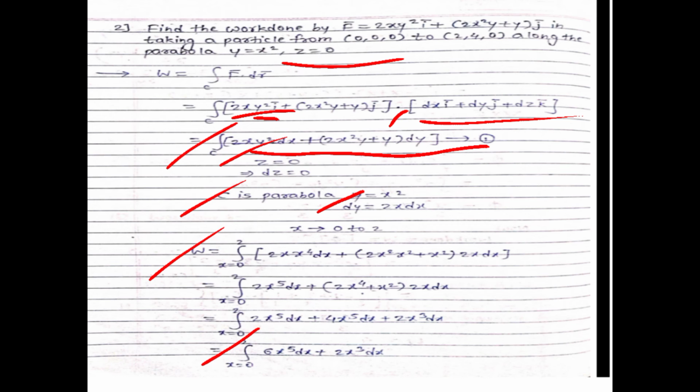You can also convert this in terms of y, but you can't take the limit in terms of z. Why are we taking x varies from 0 to 2? Because in the given problem it is clearly mentioned x varies from the initial position 0 to 2. If you have to solve in terms of y, then you can take it in terms of y also, and the limit will be y varies from 0 to 4.